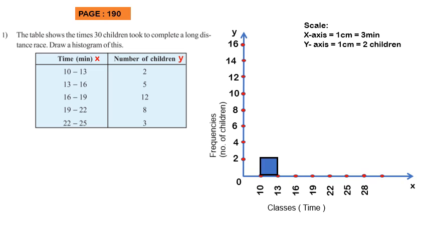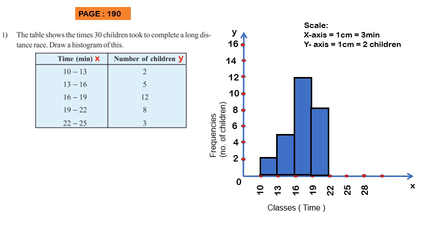So draw a rectangle of height 5 centimeters. Next frequency is 12. Draw another rectangle of height 12 centimeter. Next is 8. Draw a rectangle of height 8 centimeter. And last frequency is 3. Draw another rectangle of height 3 centimeter. Okay, clear?